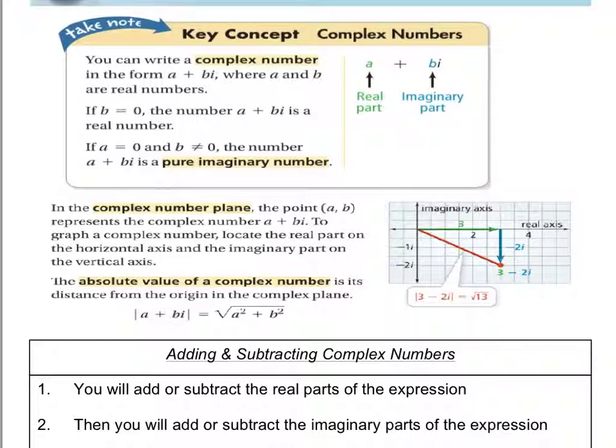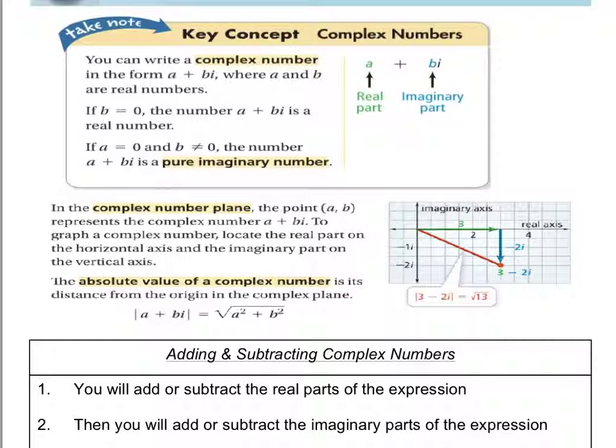So if b is 0, then you don't have an imaginary part and it's just a real number. Okay, if a equals 0 and b is not 0, the number a plus bi is what we call a pure imaginary number. So if a is 0, you would have just b times i, which means that it's pure imaginary. That means there's only imaginary numbers in there. Okay, but a complex number is when you take a real and an imaginary and put them together.